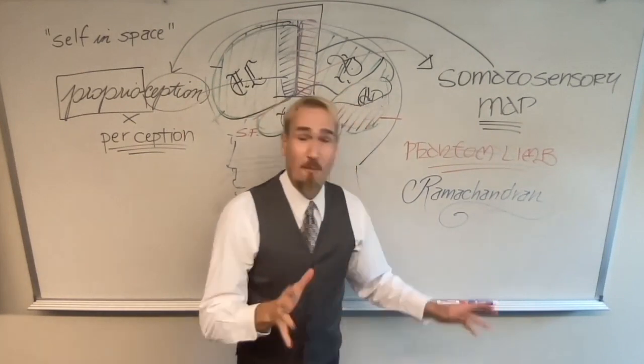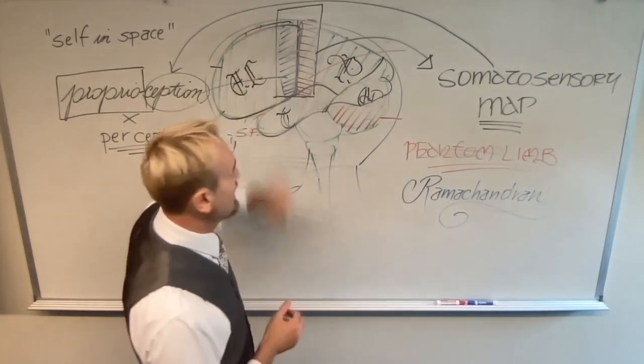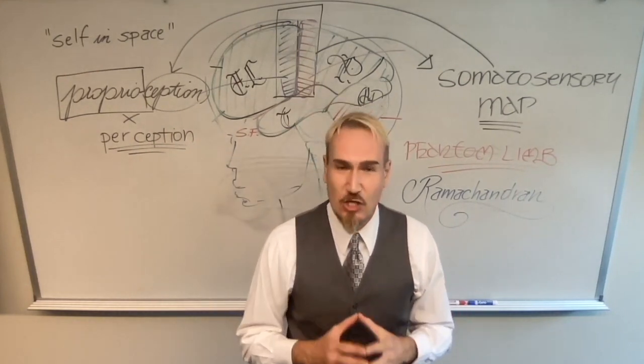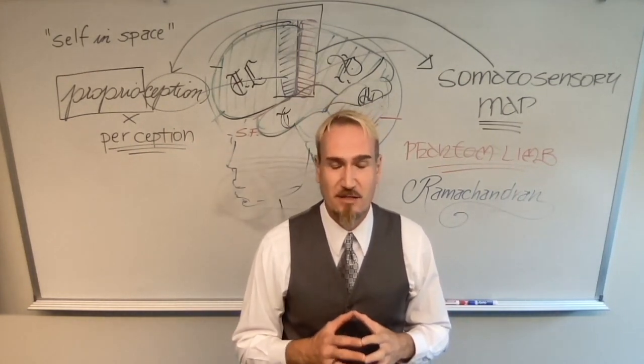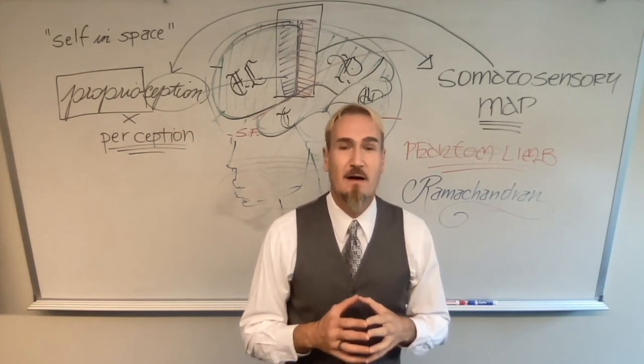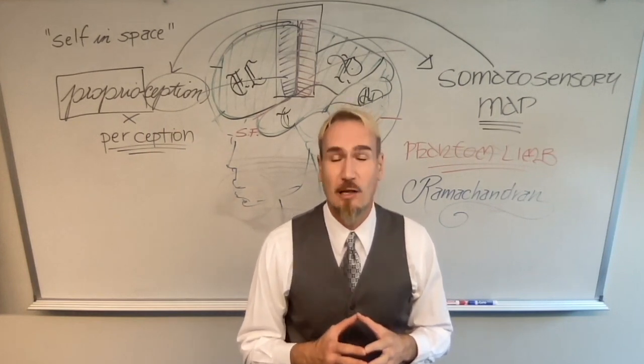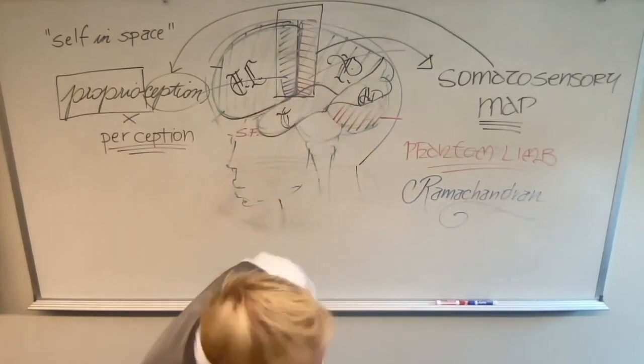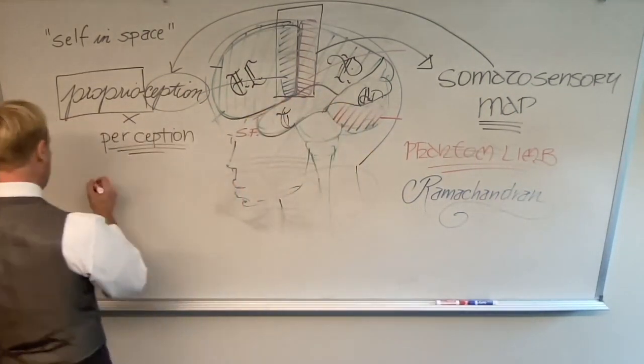So one more thing about this fascinating topic. There is an image that I love that does a good job describing the somatosensory map. This image is called the homunculus, or little man, as in human being. So let's write here, homunculus.